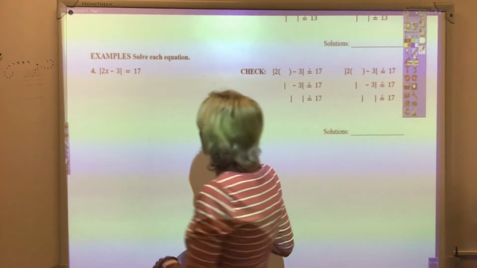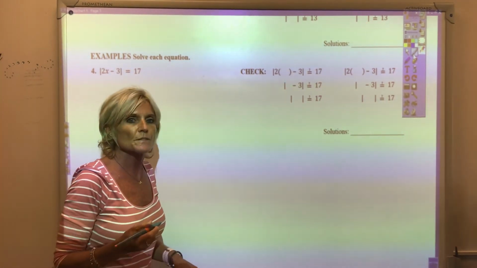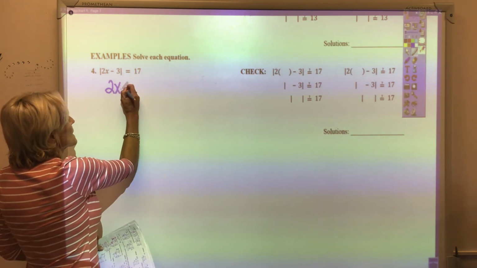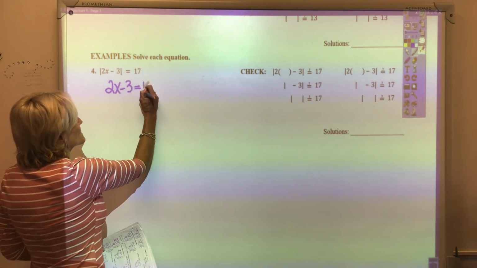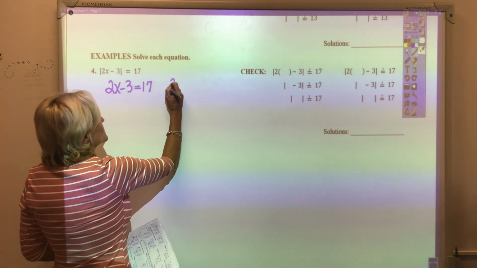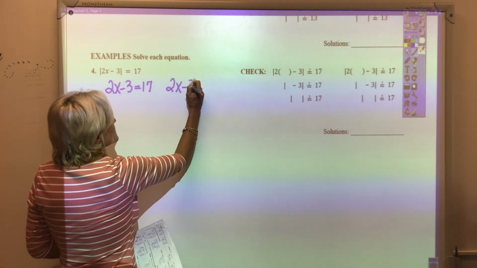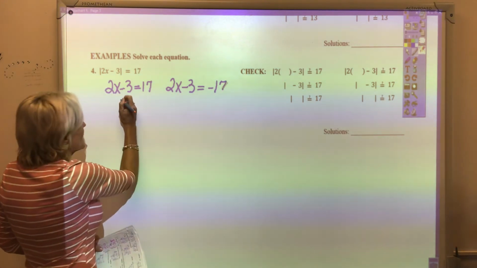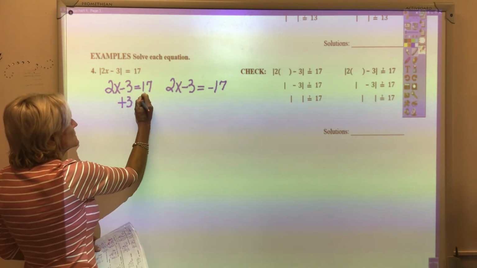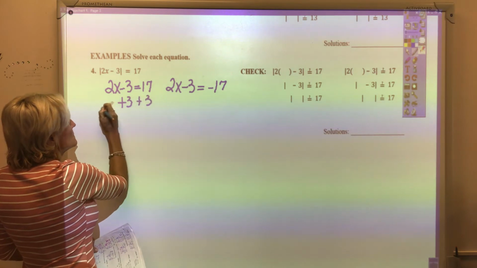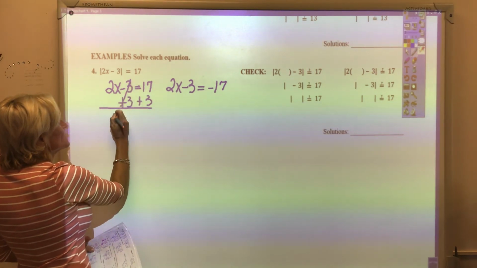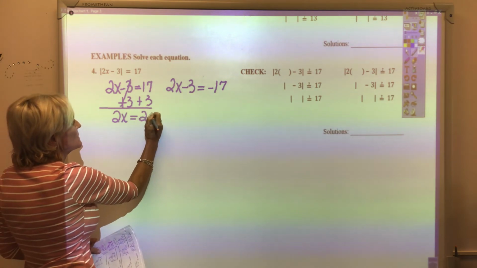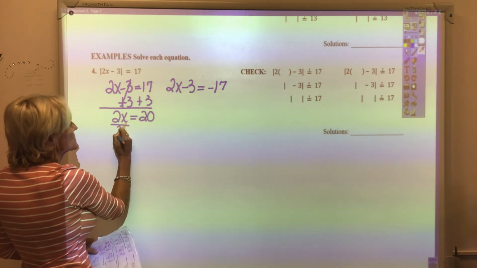For example 4, we're going to also set this up with two equations. We will have 2x minus 3 equals 17, and 2x minus 3 equals -17. We will add 3 to both sides. 2x is equal to 20. Divide by 2.